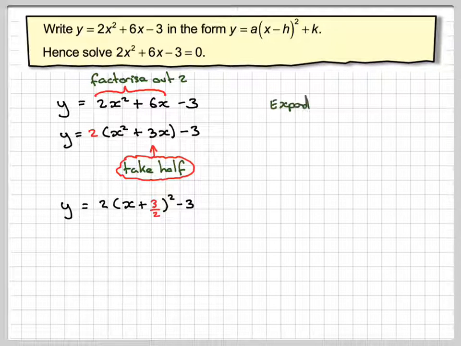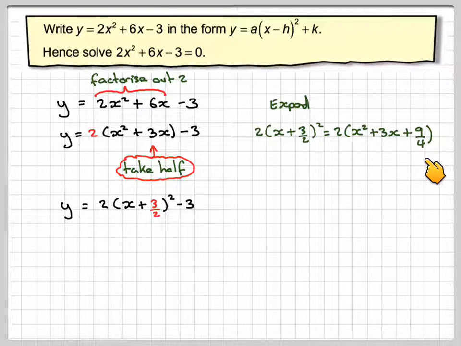Now, one way to do it is to expand it. So you've got 2 brackets x plus 3 over 2 all squared. So that's going to be 2 brackets x squared plus 3x plus 9 over 4. And then if you take that 2, you get 2x squared plus 6x plus 9 over 2.